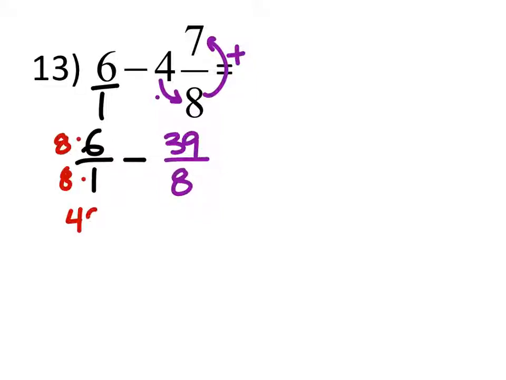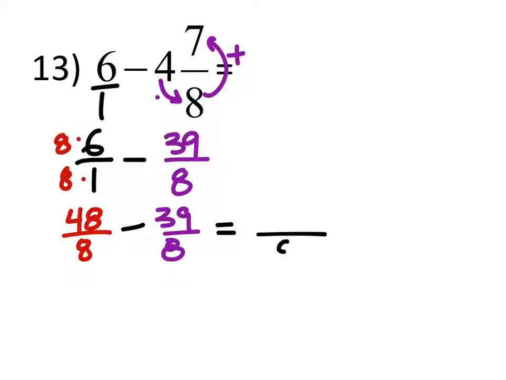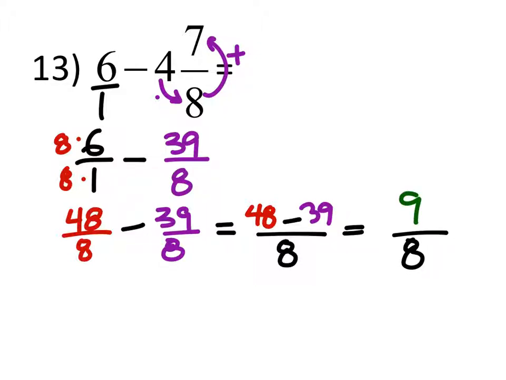So I got 48/8 minus 39/8, which leaves me in 8ths with 48 minus 39. Still in 8ths. 48 minus 39 is 9, which is 1, with 1 remaining out of the 8.